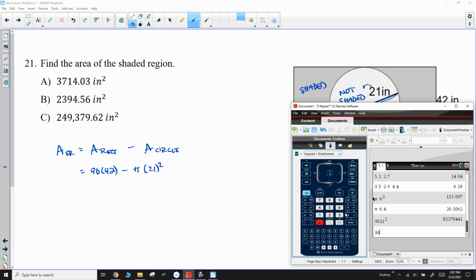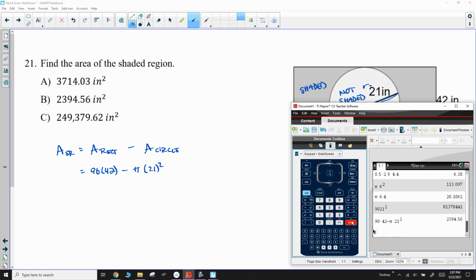Sorry, 90 times 42 minus pi times 21 squared. Okay, double check my typing. I'm pleased with that. 2,394.56. 2,300, there it is, it's B.